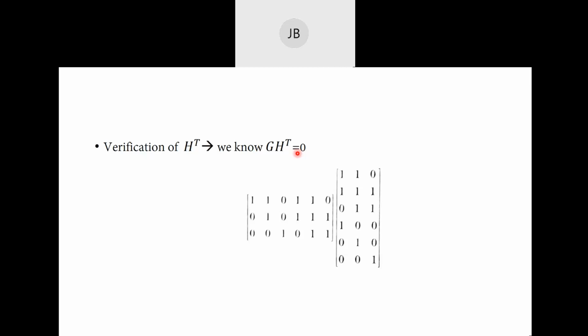So G is given here, and H transpose is from the previous slide. When we multiply these, we should get 0. We can easily verify that this value becomes 0. This is just a verification of whether H transpose, when multiplied with G, becomes 0 or not.